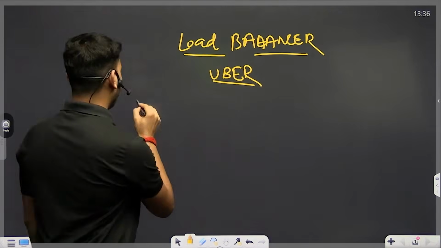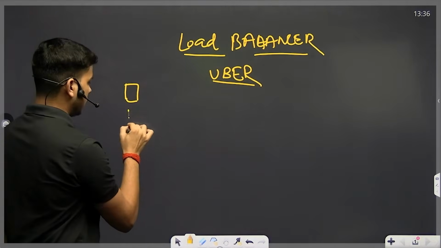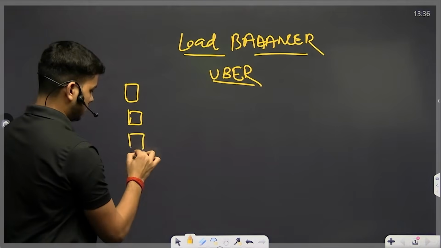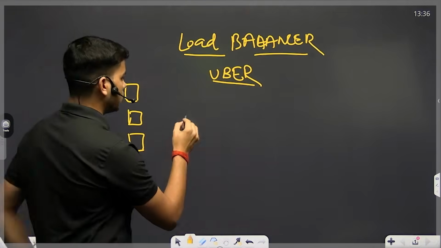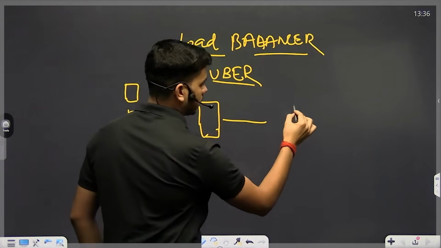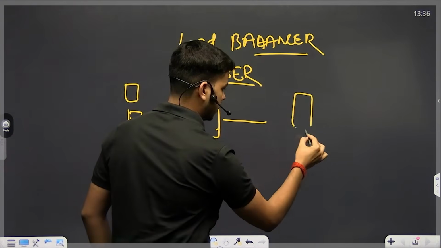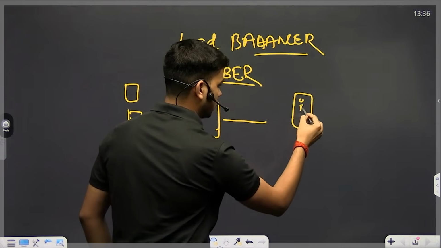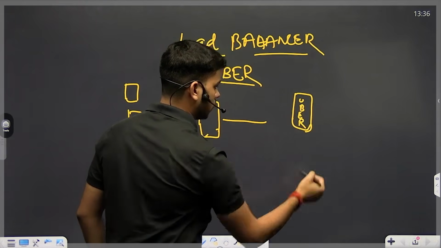For example, at 10 a.m. you start booking a cab. Say 3 users are trying to connect to Uber through the internet. You are connected to the Uber server, the server that gives you Uber's response.